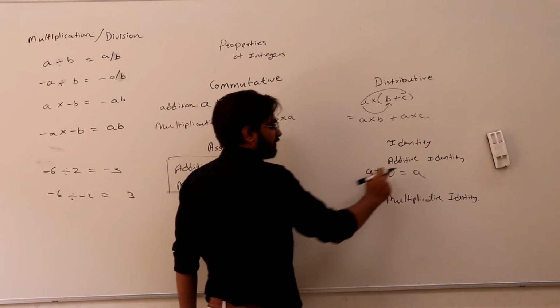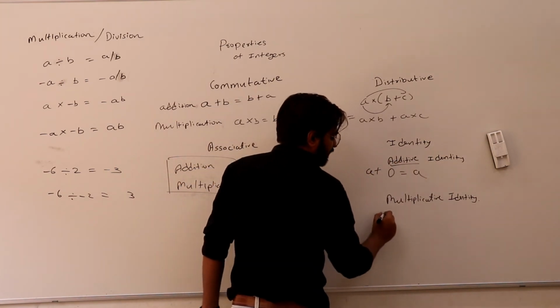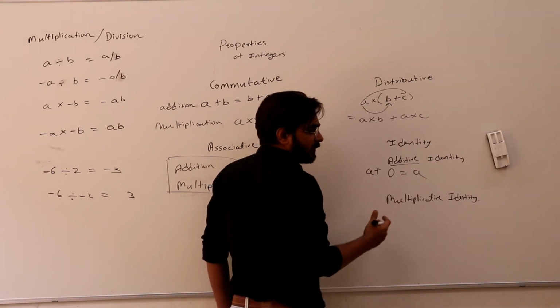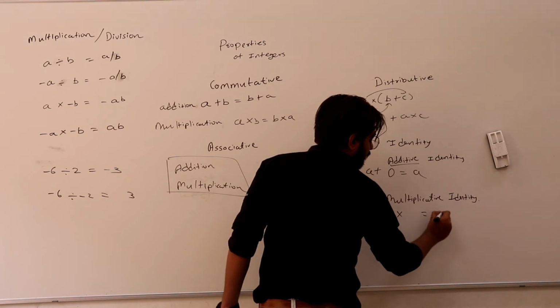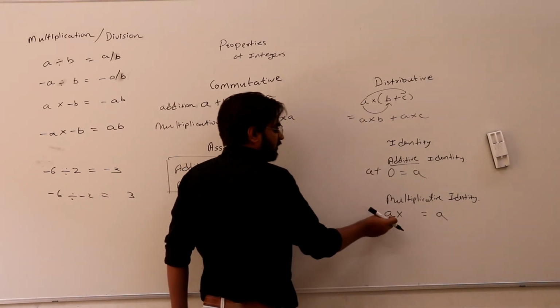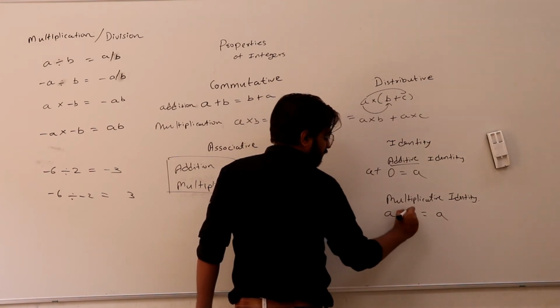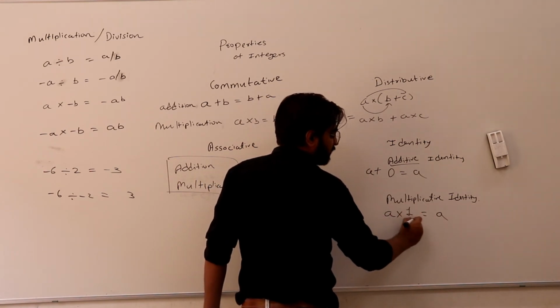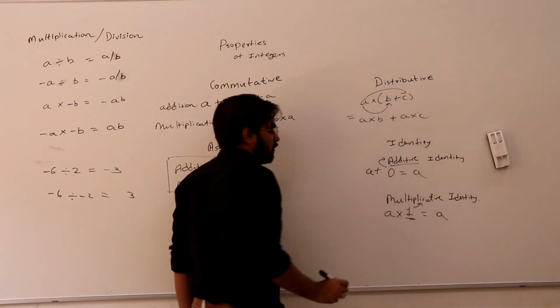Yes, that's why it is called the additive identity. Same way, the multiplicative identity: which number is there which, on multiplying, does not change the value of the given number? Given number a multiplied by which number? That is 1. So 1 is the multiplicative identity, 0 is the additive identity.